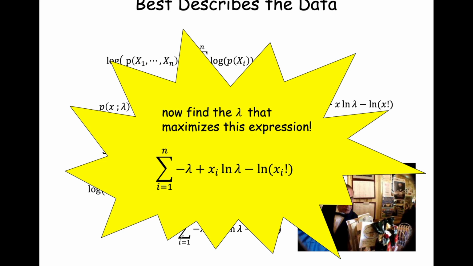So what does this mean? Your lambdas that you're trying are your feasible solutions. You have a whole bunch of values for lambda. Lambda can be any real value, but it has to be greater than 0 because the rate can't be negative. You want to find some lambda that maximizes the expression.